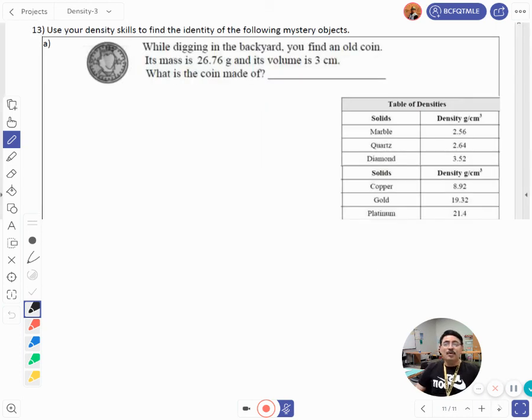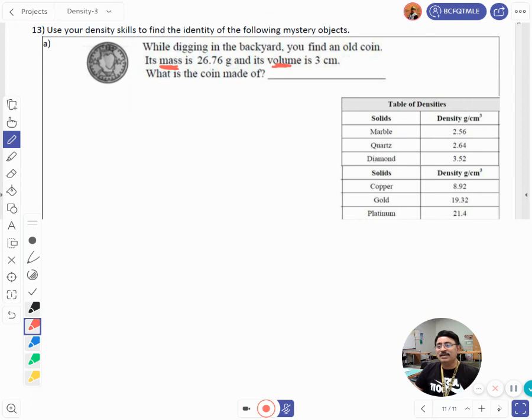While digging in the backyard, you find an old coin. Oh my gosh. Its mass is 26.76 grams and its volume is 3 centimeters. Oh, so what is the given information? Mass is given, volume is given. If I know mass and volume, what can I find? Density, right?